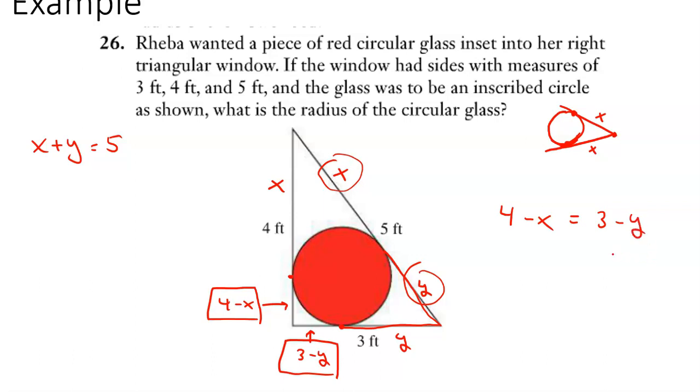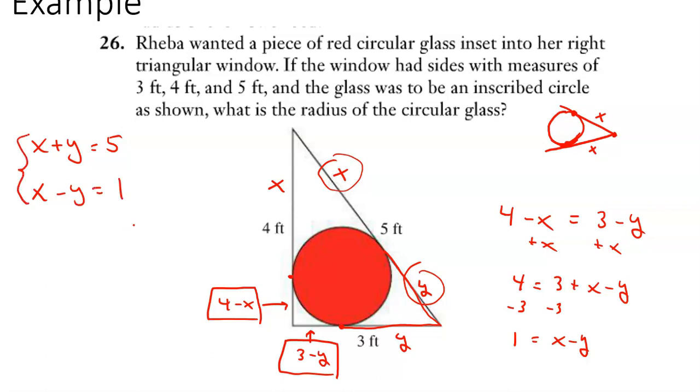All right, let's try to get everything over to the same side. So I'm going to add an x to both sides, and I'll get 4 equals 3 plus x minus y. And then I'm going to subtract a 3 from both sides, and I get 1 equals x minus y. So if x plus y is 5, x minus y is 1, oh my goodness, I got myself a system of equations to solve.